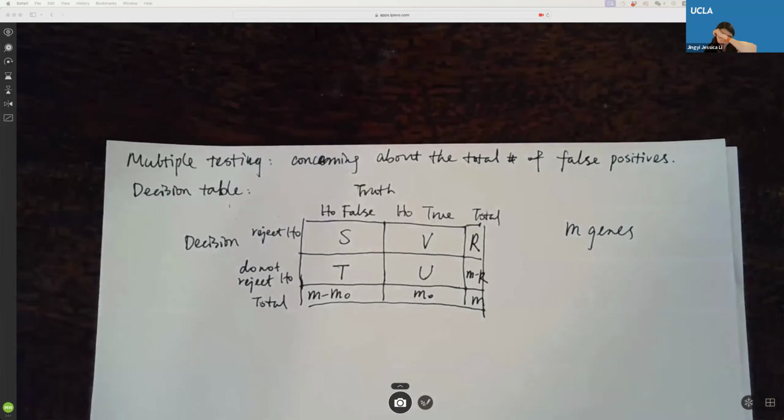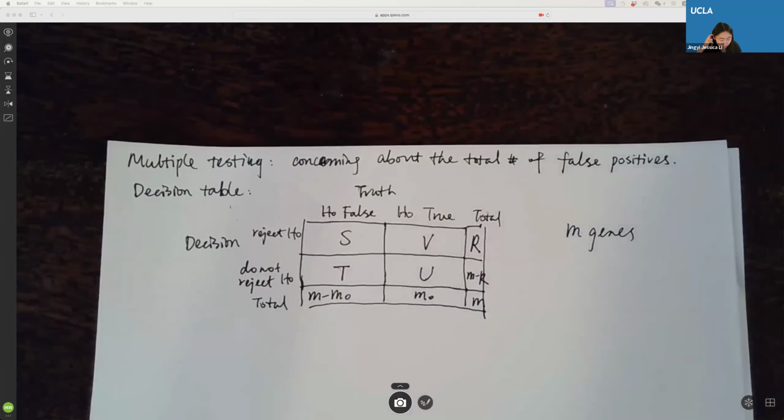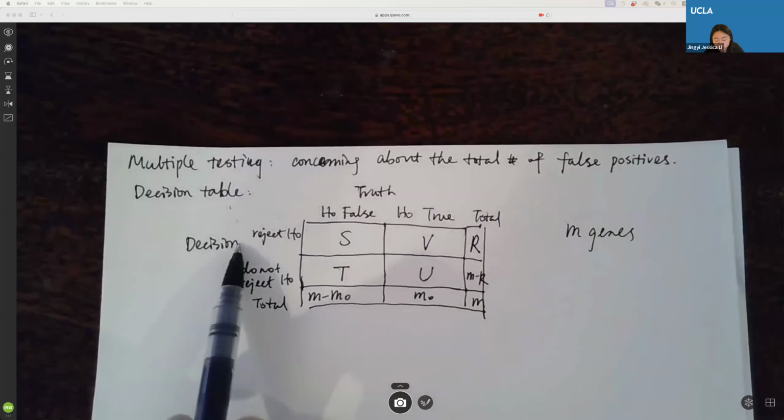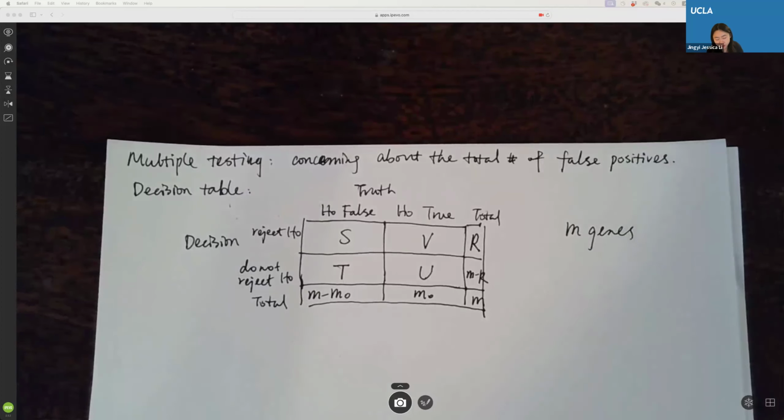So notation-wise, please pay attention that the way we draw this, when we write it, uses both capitalized letters and lowercase letters. The uppercase letters are random variables, because our decision depends on our data. And if we consider our data to be a random sample from a population, then the decision is random.